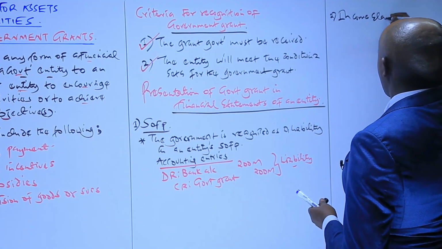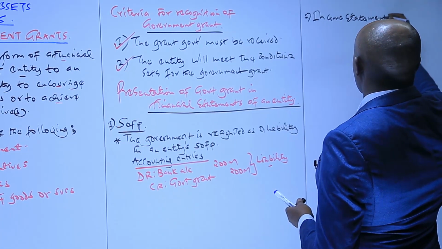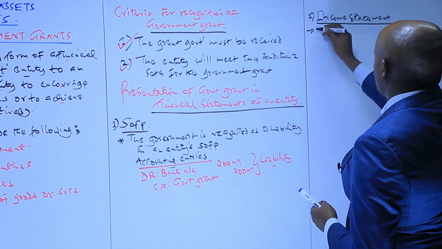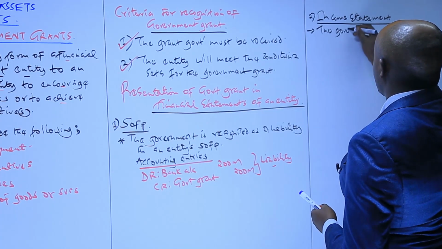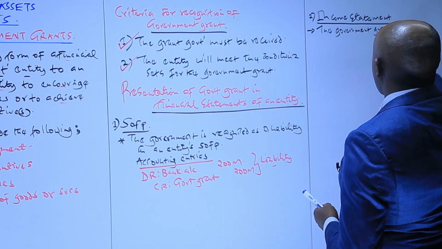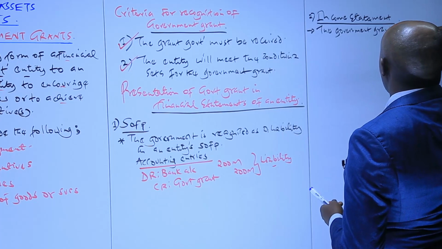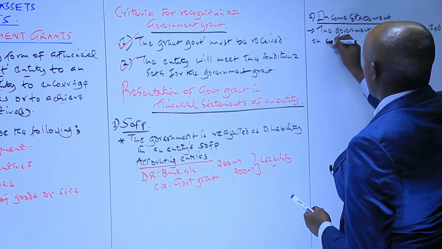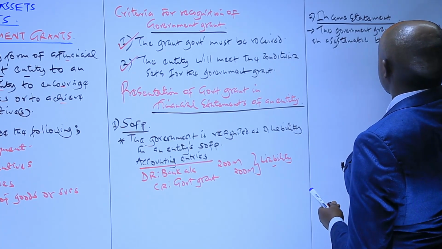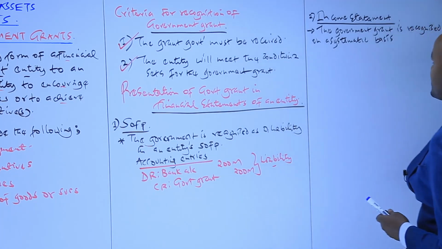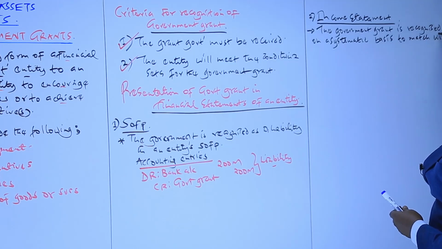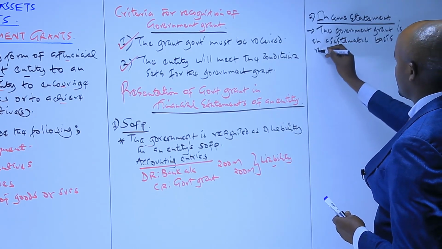Basically here we can say that the government grant is recognized on a systematic basis, to do what? To match with the related costs.